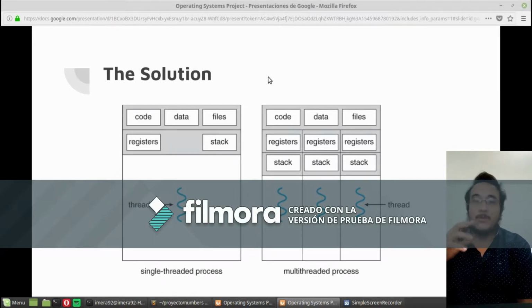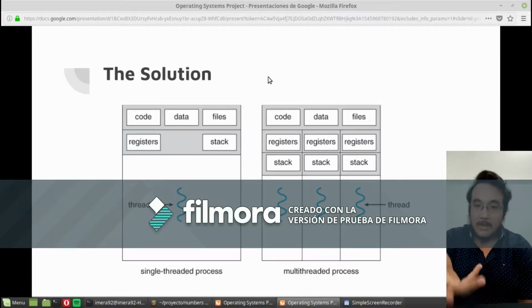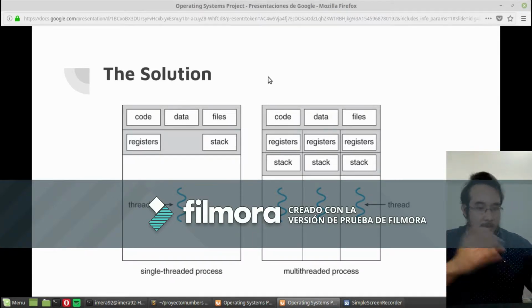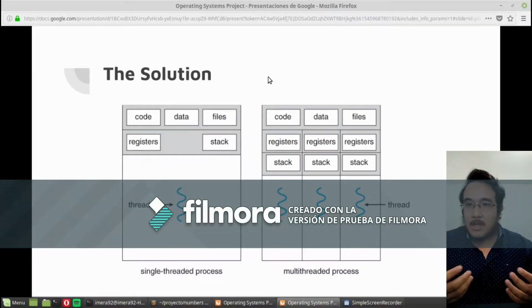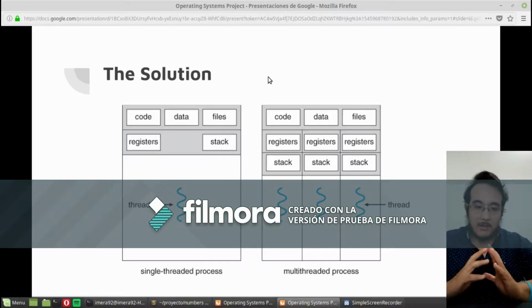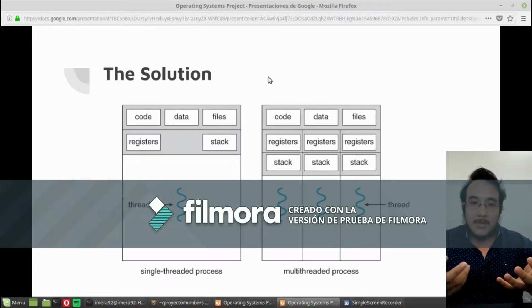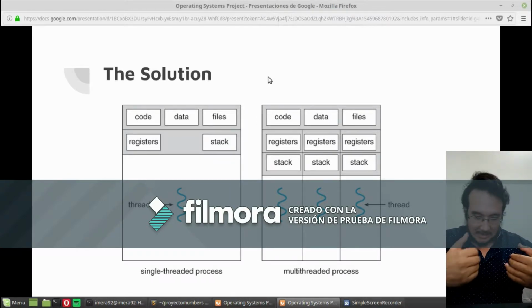I use threads, not processes, threads, and I use circular buffers. In theory, you can take advantage of your processor. As you know, most modern processors are designed so that you can execute many threads.